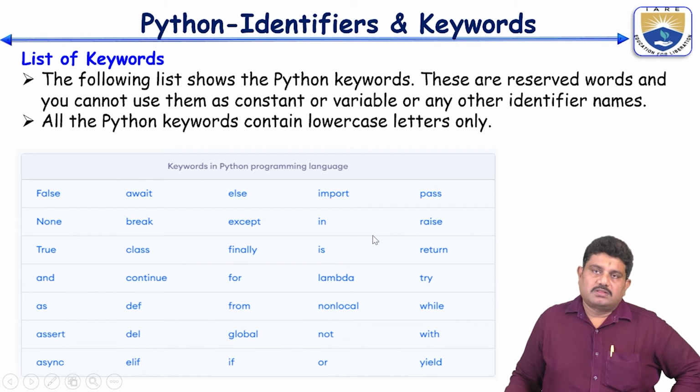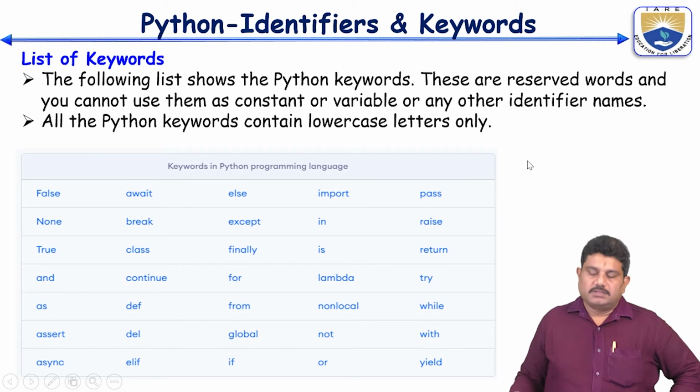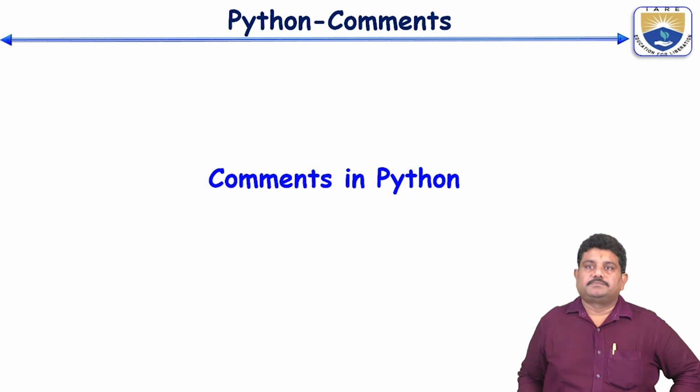Those are False, which starts with capital F; None, which starts with capital N; and True, which starts with capital T. Other than these three, all remaining keywords are in small letters only. These things you need to remember. You should not use these keywords as identifiers. This is the note you need to remember.